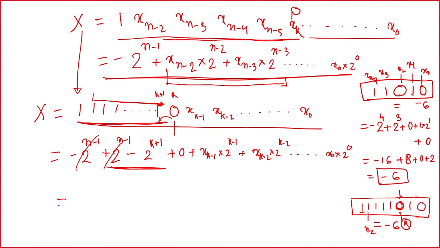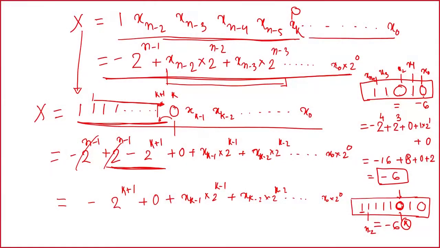So, therefore, we can write minus 2 to the power k plus 1 plus 0, that is okay, plus x k minus 1 into 2 to the power k minus 1 plus x k minus 2 into 2 to the power k minus 2 to x 0 into 2 to the power 0.